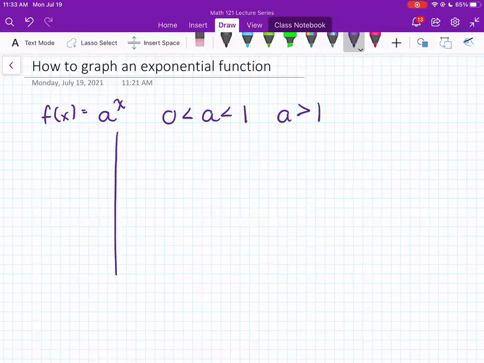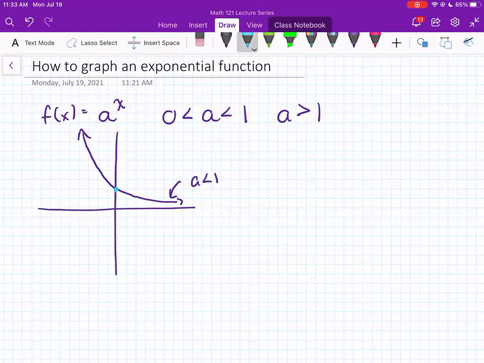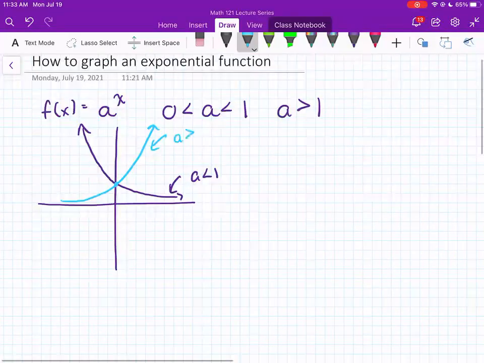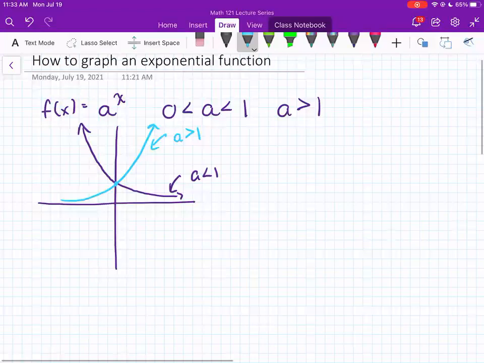If we look at how those graphs differ, what you will find is that when a is less than 1, the graph decreases. And when a is greater than 1, the graph increases. Let's determine why that is the case.